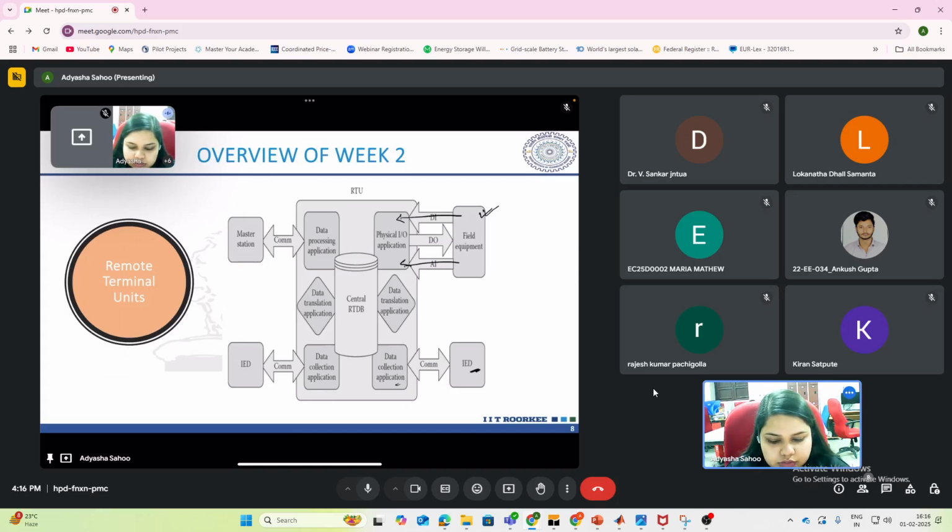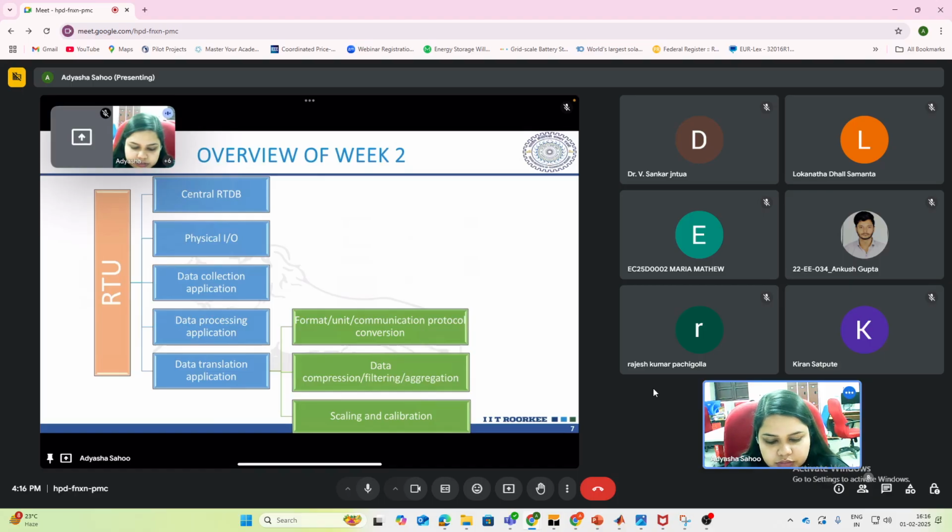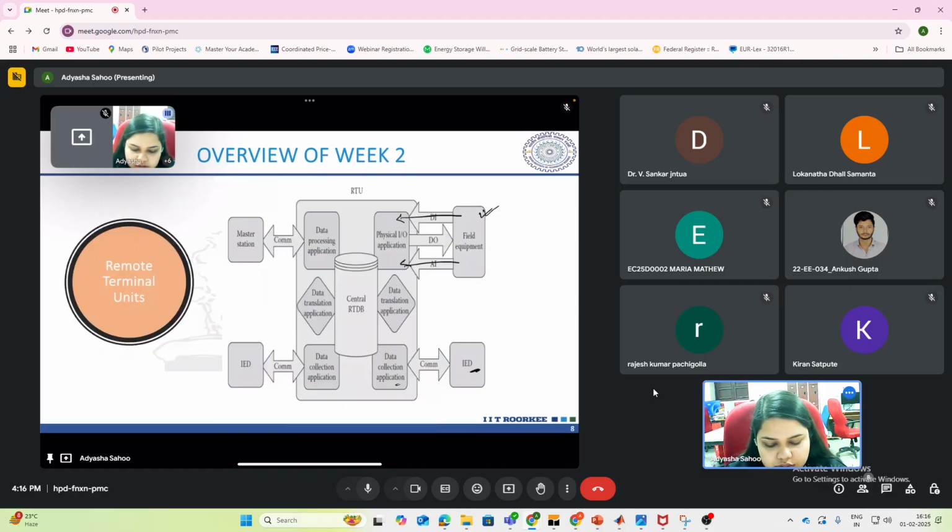Then after collecting the data, you can do the data translation, and the data processing basically. So what happens here is basically maybe the analog to digital conversions.